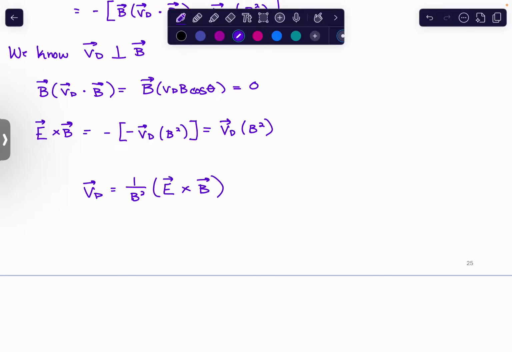And so we said that originally the drift velocity is going to be in the direction of the E cross B vector. So what you have here is a direct proportionality between drift velocity and the E cross B vector, which means that two vectors that equal each other, just whole number multiples of each other, are going in the same direction.